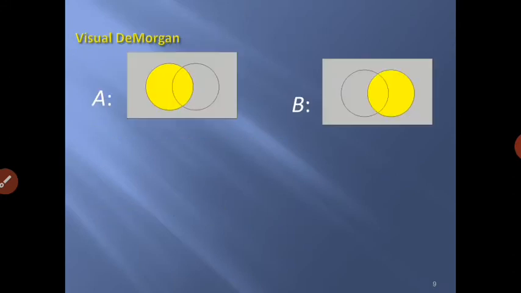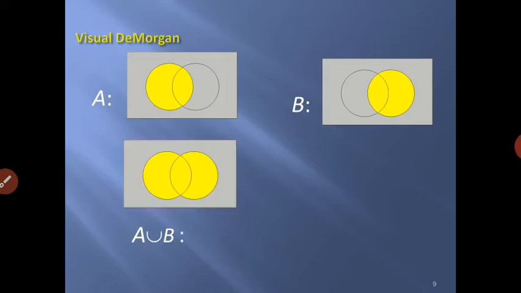So this is A, that means only the part of A will be circled in yellow color, and this is the Venn diagram for B, only A and only B. So if you consider A union B, that is A or B, both the areas of A as well as B will have yellow color.